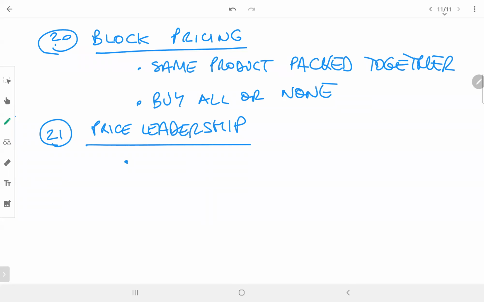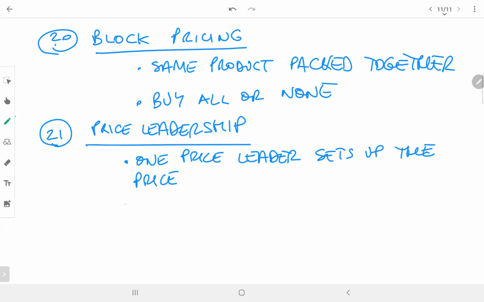This is not that they agree on what the price is going to be, but there's one price leader that sets the price, and then the follower matches that price.